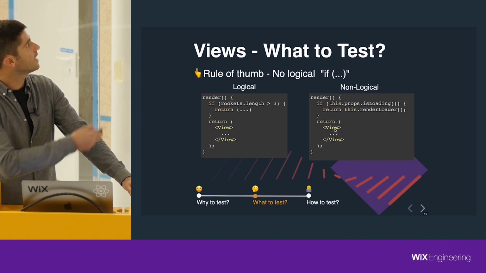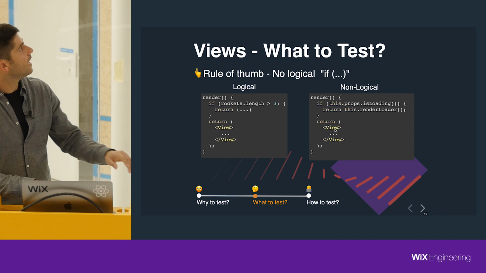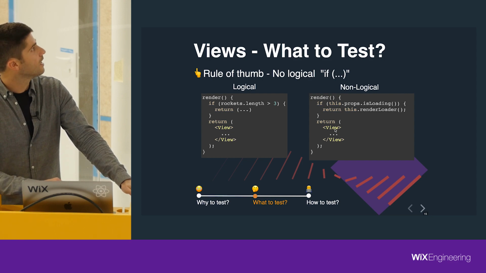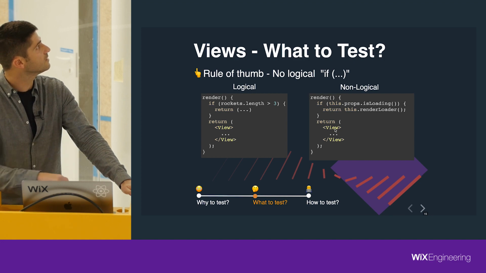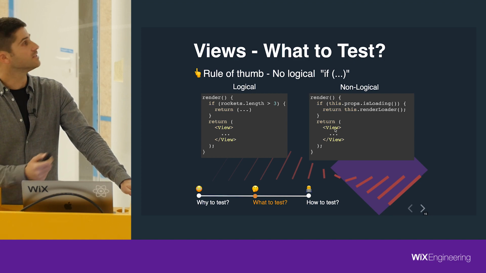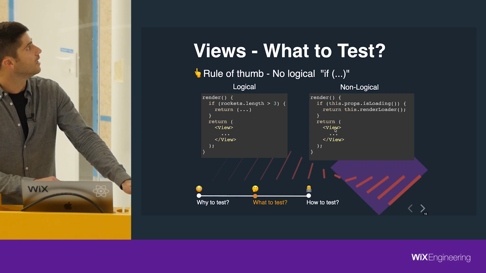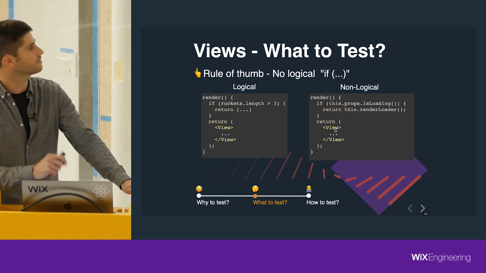At the moment that I write this kind of condition, rockets.length bigger than 3, I assume a few things. First, the view currently knows that the rockets is an array, and that if it's going to be big, I'm going to render something different. If I would like to change the structure of my store, for example from an array to an object or a JSON, it's going to be very hard because I need to change it in a few places, more than once.